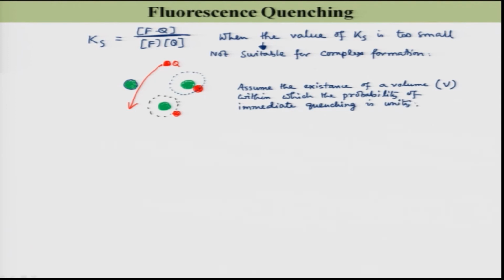So, if the radius of the fluorophore I write as R f, the radius of the quencher I write R q.